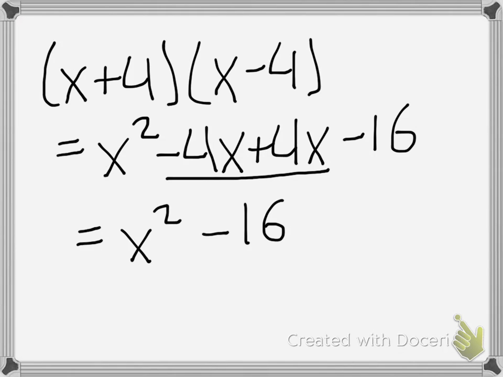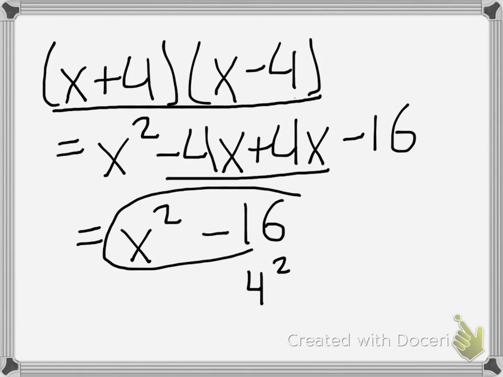I'm going to call this a difference of squares. x squared is a square, and as we know, 16 is 4 squared, so that's a square too. Whenever you see something that looks like this, where I have the same two terms in the same order in the two binomials, but the sign is switched, when you multiply that, you'll always get a difference of squares.